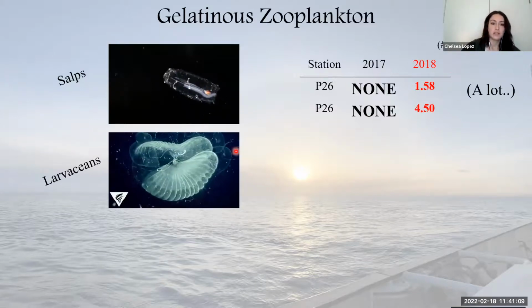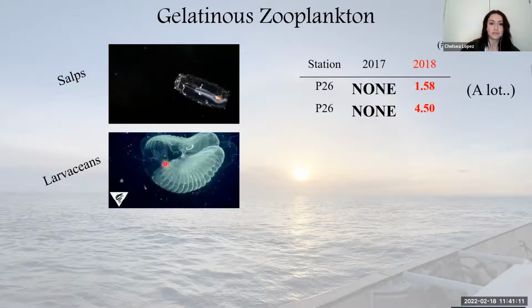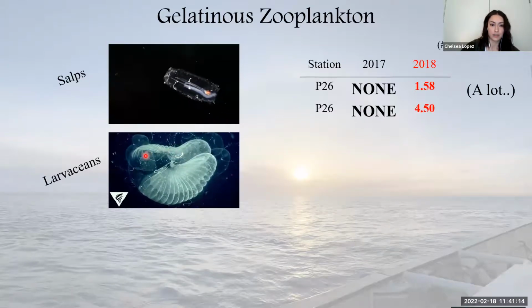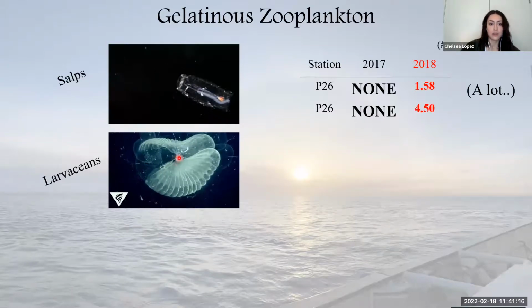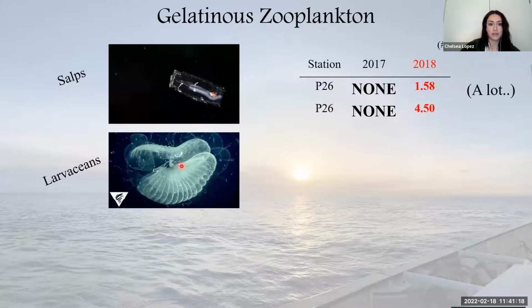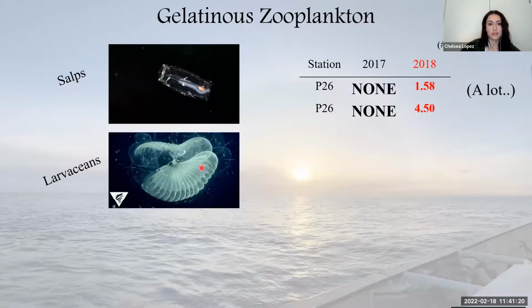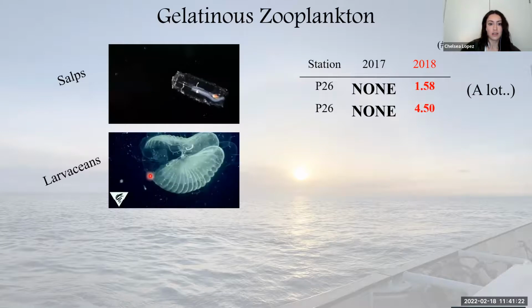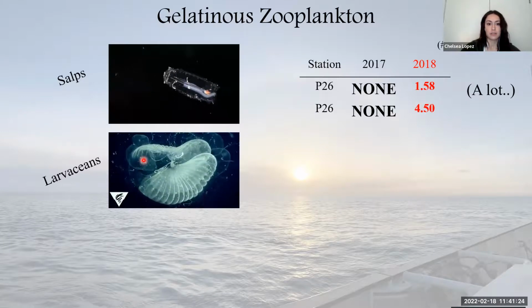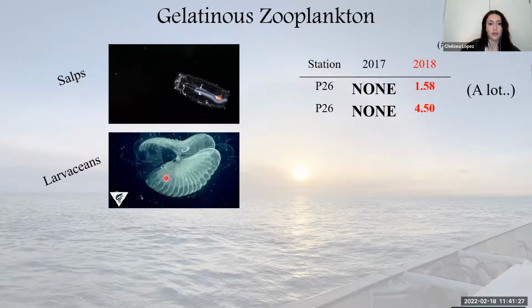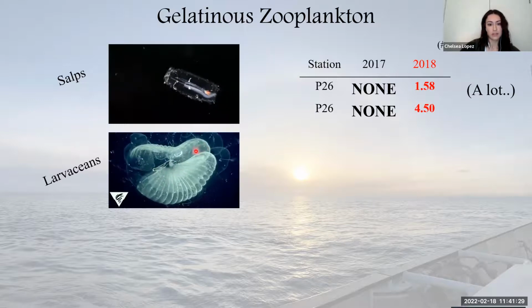And then here's larvaceans. I think these are my favorite. So this is the actual creature here. You can see its tail. And it builds this house around itself. So this net around itself isn't actually part of it. These are a couple millimeters in size. And they also collect particles within itself.